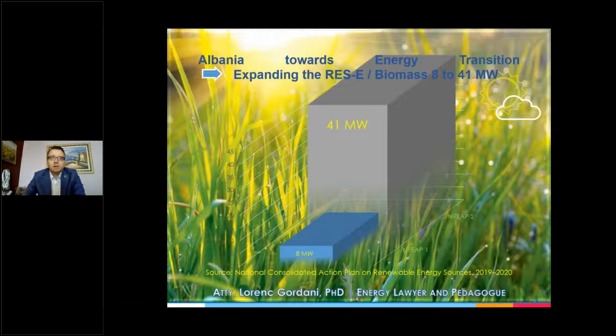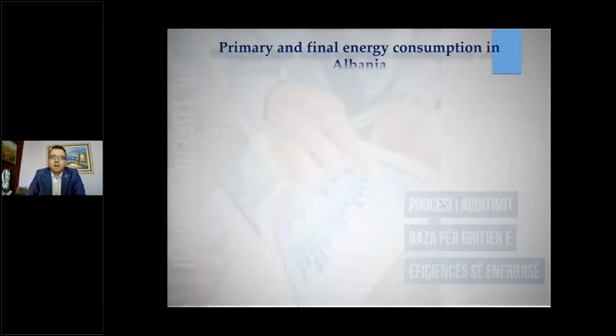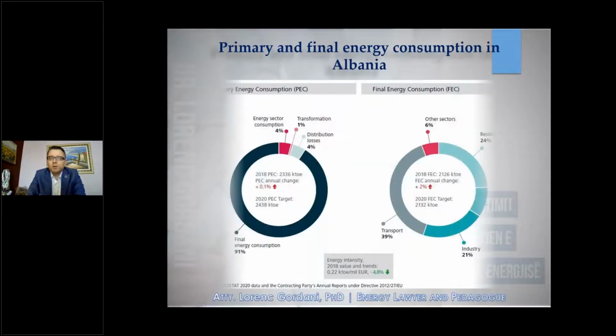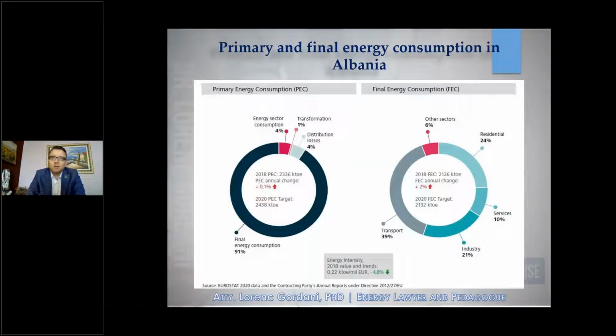In any case, it is expected that the biofuels target of 10% as a percentage of biofuels versus total fuel consumption in the transport sector in 2030 will impact the diversification of energy sources in the transport sector.